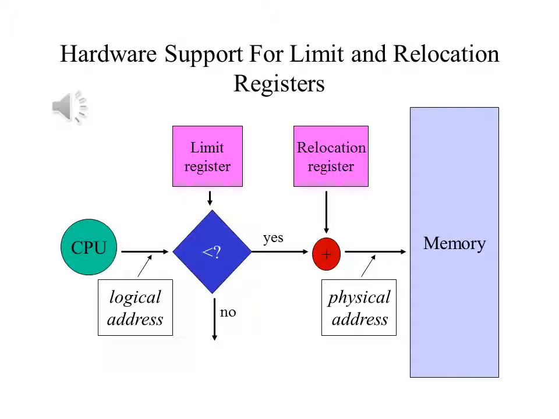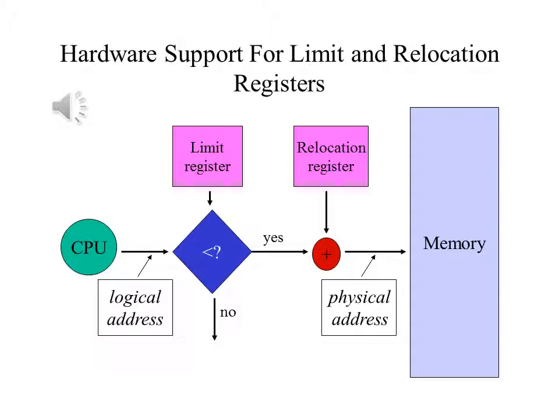Any memory management scheme requires the support of the hardware. We will assume that in most cases there is an upper limit, some address above which the process cannot access.